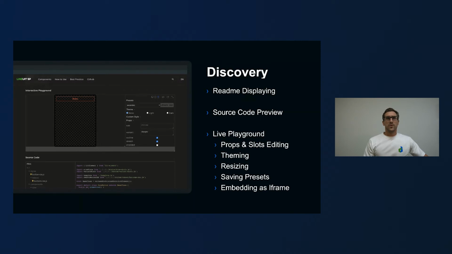Playground also supports different themes and resizing so that the users can have idea how the components would look in different applications. All these configurations can be saved into presets, which can be displayed by other users as well. And Playground can also be embedded into other websites as well.